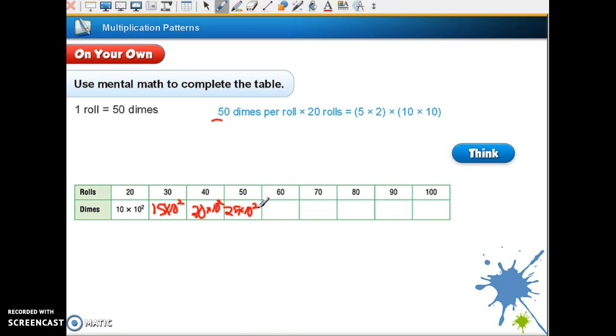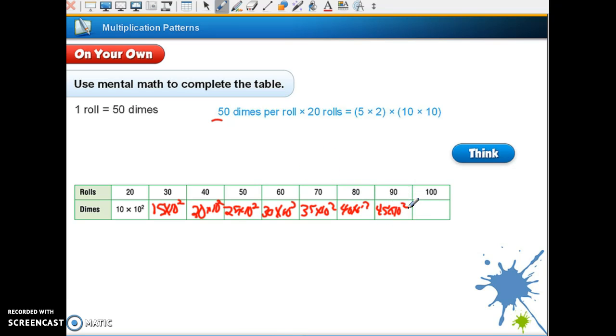6 times 5 is? Times 10 to the second power. 5 times 7 is? Times 10 to the second power. 8 times 5 is? Times 10 to the second power. And 9 times 5 is? 45 times 10 to the second power.